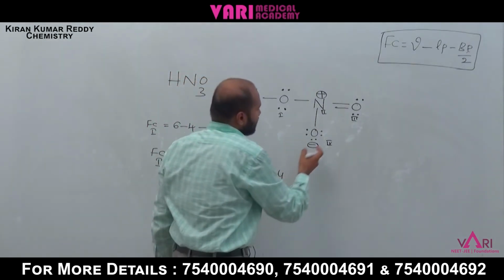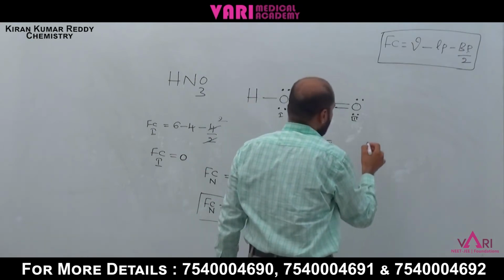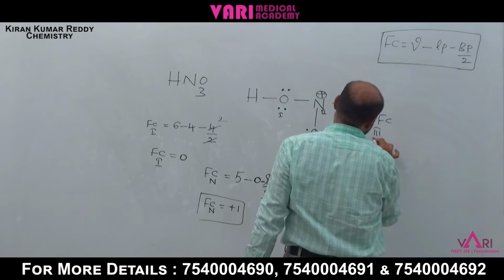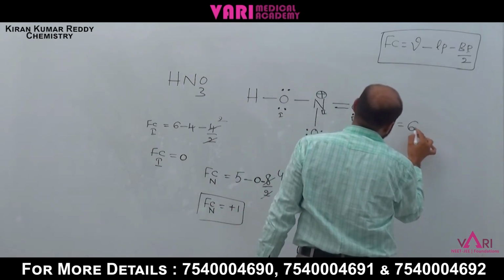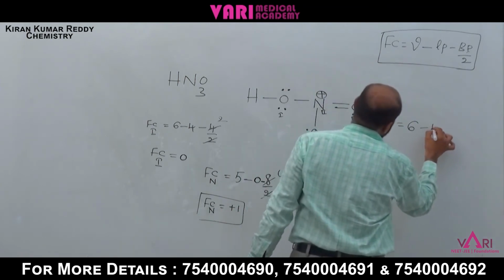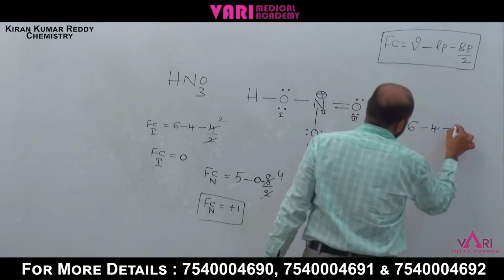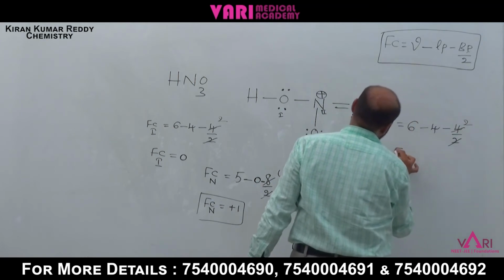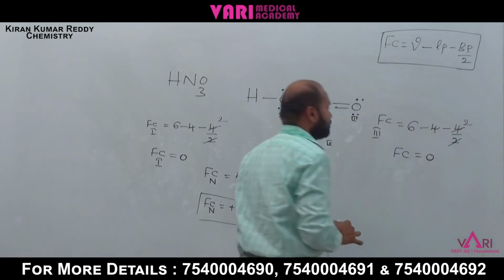Next one is this oxygen atom and this oxygen atom. I am checking the formal charge of the third oxygen atom. Now tell me, oxygen atom valence electrons 6 minus how many lone pairs? 1, 2, 3, 4. 4 minus, here the number of bonds is 2, so 4. 4 by 2, that is 2. Now the formal charge of the third oxygen atom is 0.